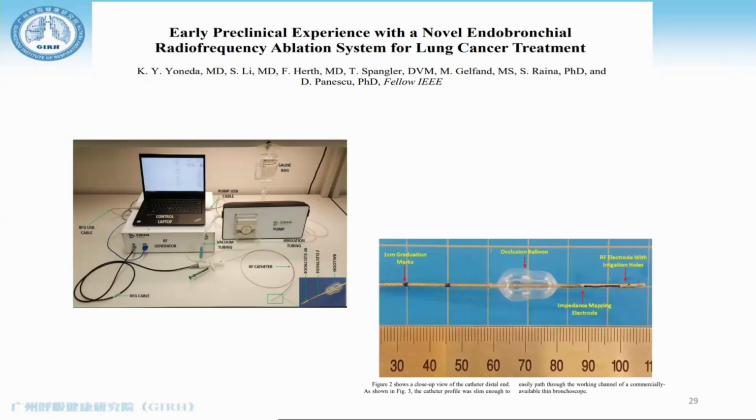Then we worked with American colleagues on new equipment. Here is the equipment. A balloon blocks the bronchus, and at the tip there are very small pores.